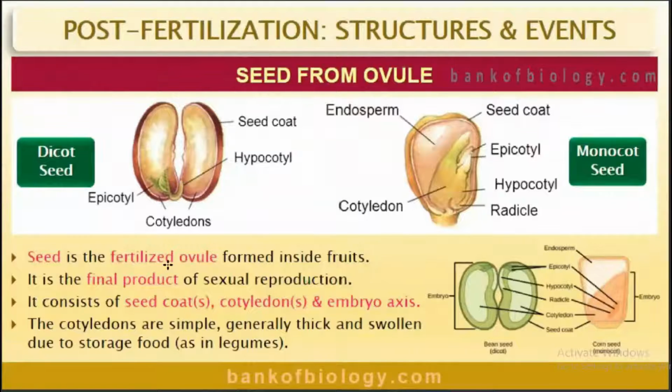The embryonal axis consists of plumule and radicle. Plumule gives rise to the shoot system and radicle gives rise to the root system.